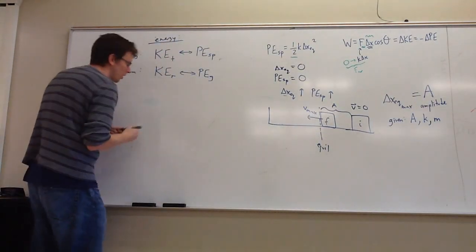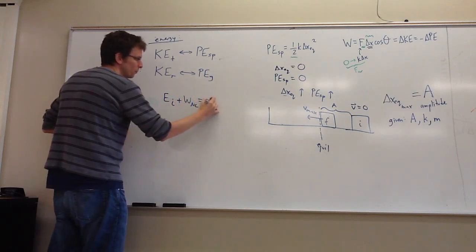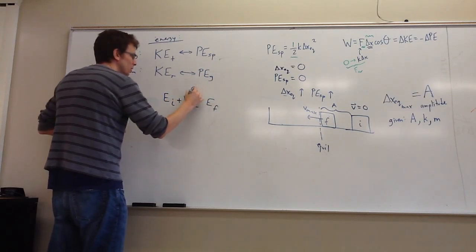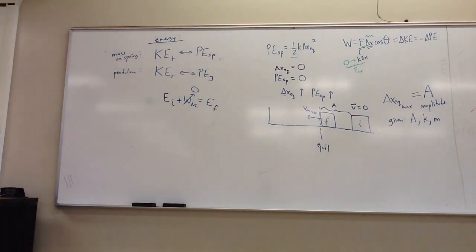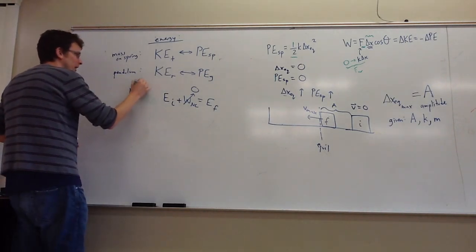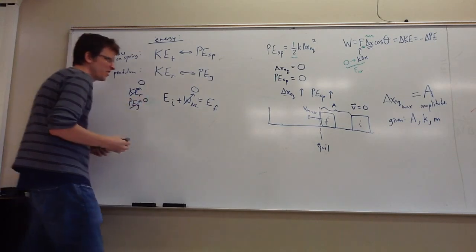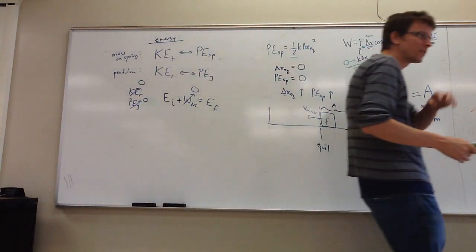It's always good to start from the top master energy equation, except for this case, of course, I'm going to have it be frictionless, so I don't have to worry about that. I'm not going to have any rotational kinetic energy, and I'm also not going to have any gravitational potential energy. It's all happening on a level surface.